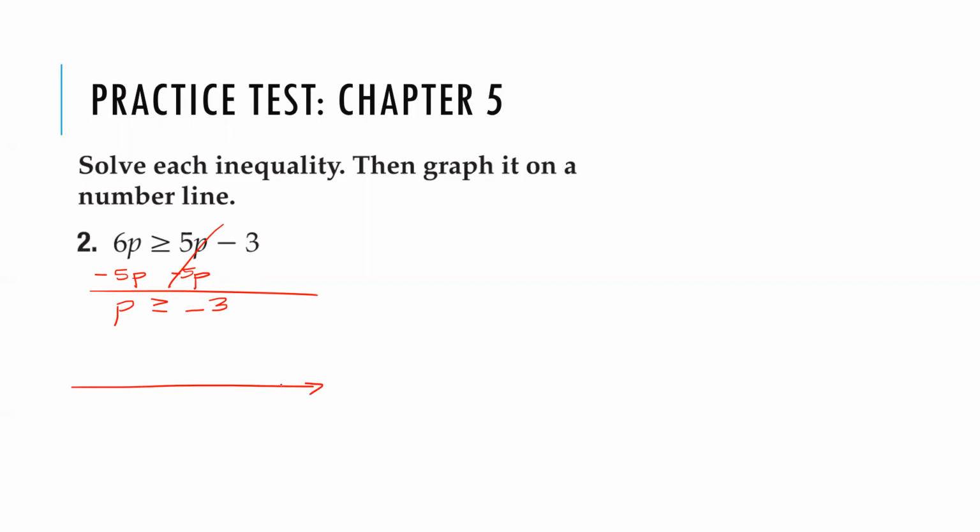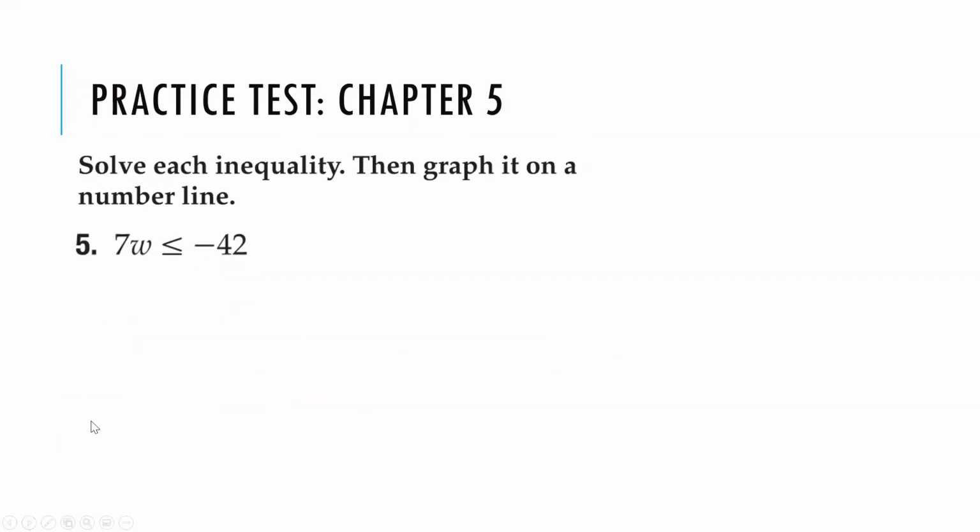Okay, so then when I graph this, I'm going to put a circle at negative 3. And it's going to be shaded in because it's greater than or equal to, so it can be equal to negative 3. And then everything to the right is going to be shaded in, okay? Because my arrow is pointing to the right, the variable is right here on the left side, okay?